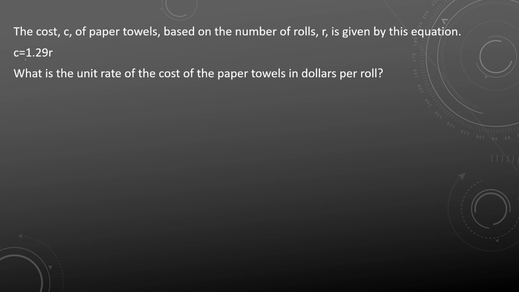So here I can see this 1.29 is attached to my variable, right? They're connected, they're right next to each other. It's next to that R, which means that 1.29 is my unit rate. And that is all that you're doing here. So when you're given an equation, look for which number is attached to your variable, and that is your unit rate.